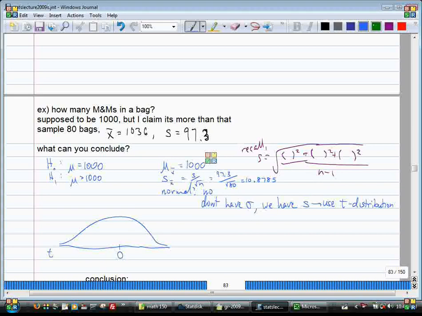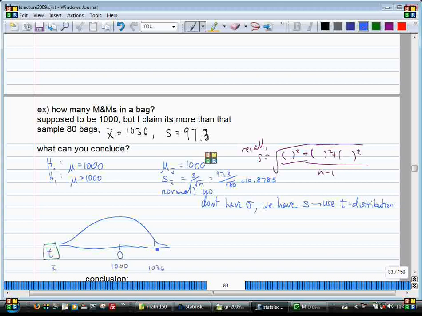Let me put a box around that. That's different. What else do we have? 1,000 goes in the middle for x bar. We're still talking about x bar values. Now what else do we mark off? 1,036.